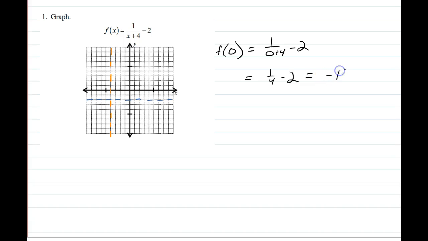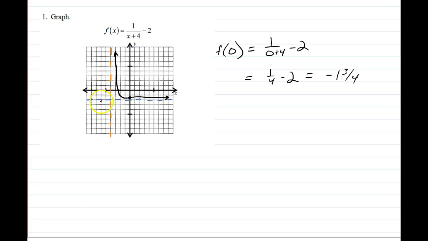You get -1 3/4. So that means over here at 0, my output would be -1 3/4. So this tells us the graph opens on the top right here. And so it's going to end up looking like this. It never crosses the asymptote. It doesn't curve back up.